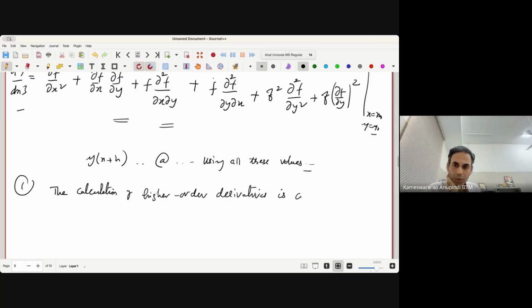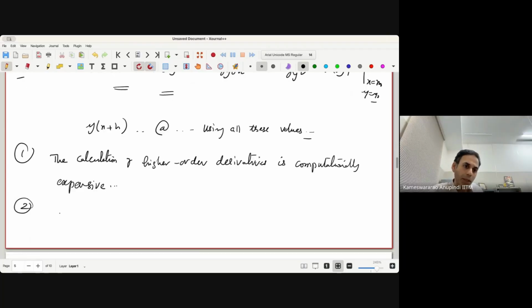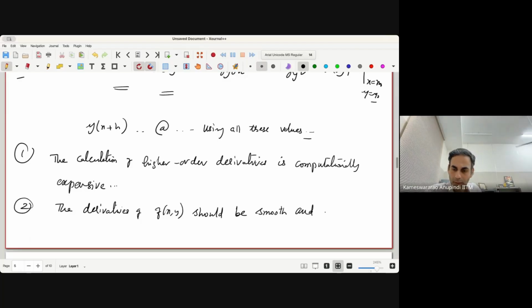Is computationally expensive. Okay. The second thing is that the derivatives of f of x, y should be smooth and well behaved.